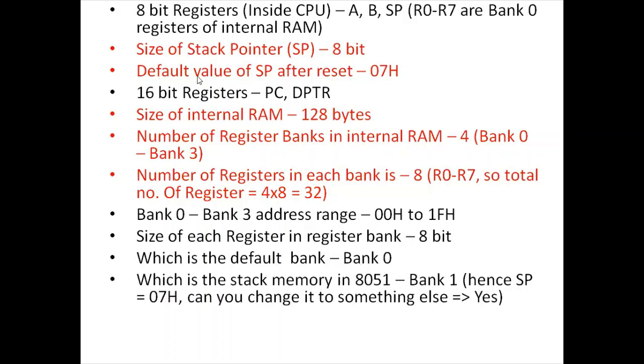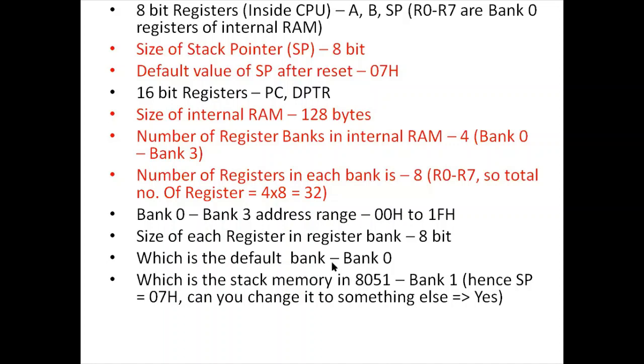Now we saw that the default value of the stack pointer is 07. Why is it so? Because bank 1 is your stack memory, and hence your default value of stack pointer is 07.